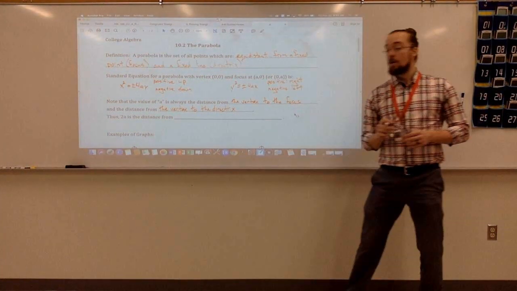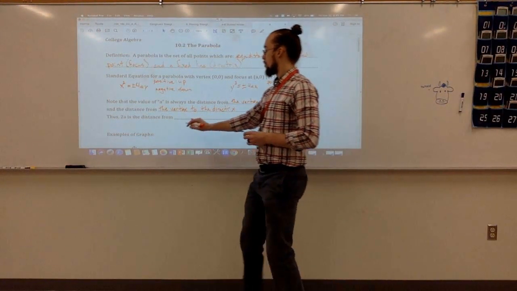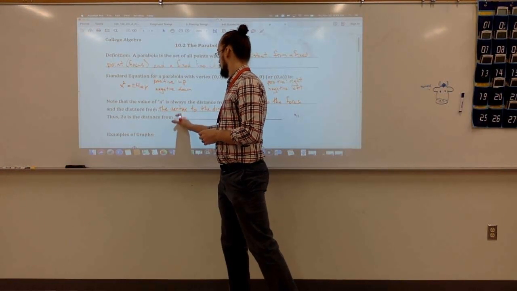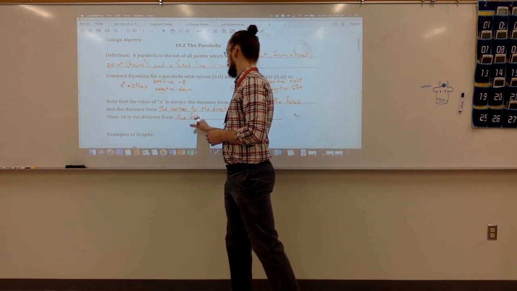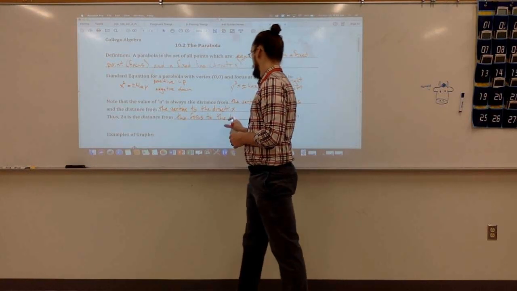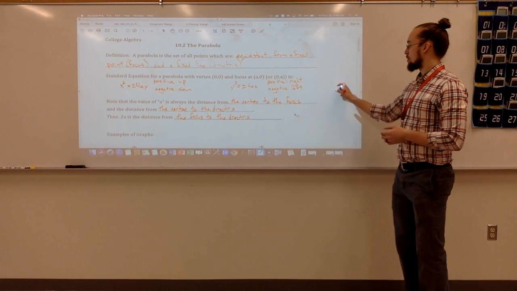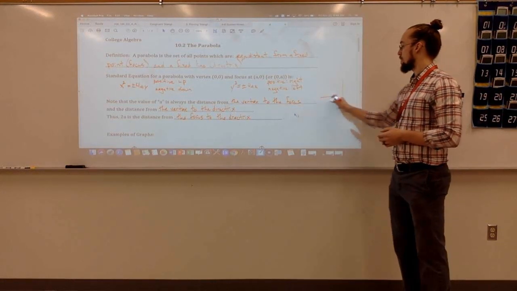Therefore, 2a is the distance from the focus to the directrix.